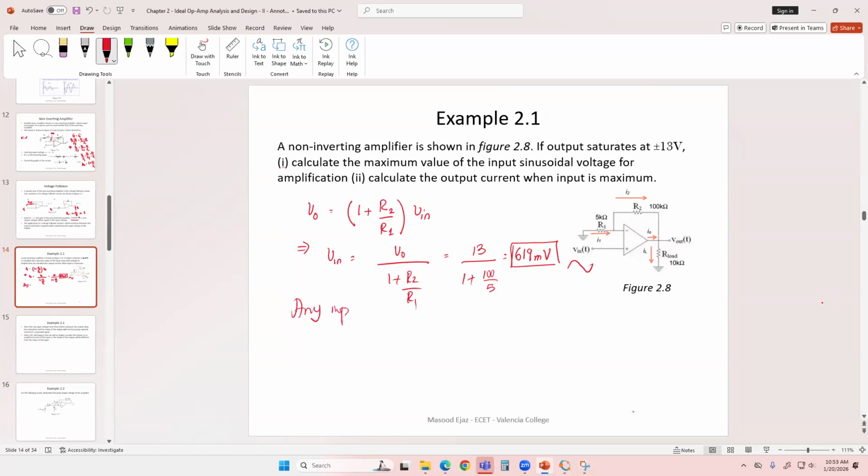Any input value greater than 619 millivolt will saturate the output voltage.